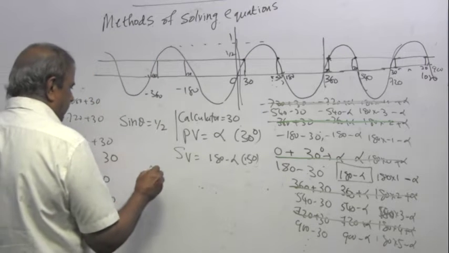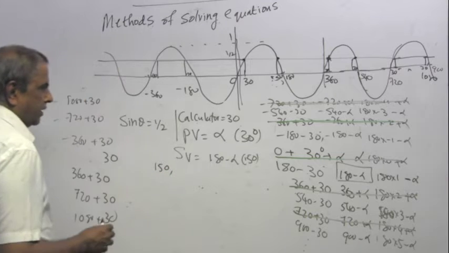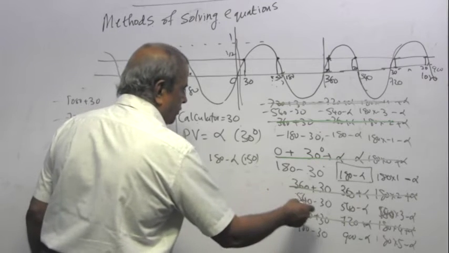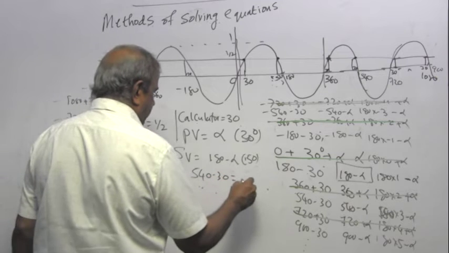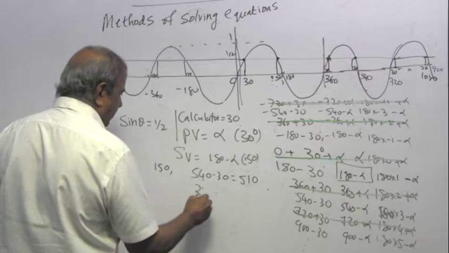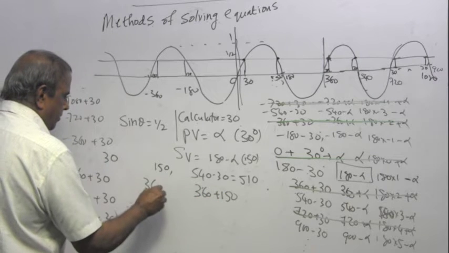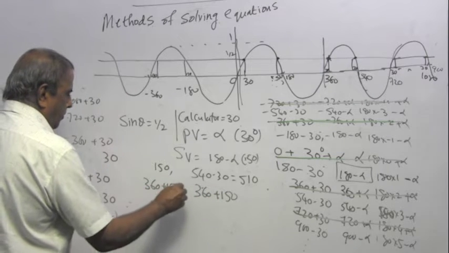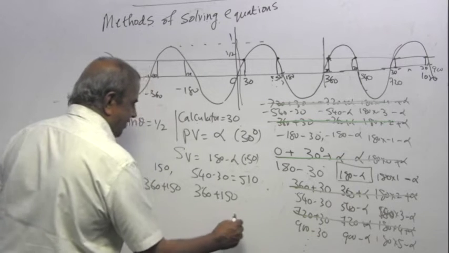So the other one is 150. Yeah. Now I've got 540 minus 30 is 510. Don't you think this is 360 plus 150? No, 900 minus 30 is 870.